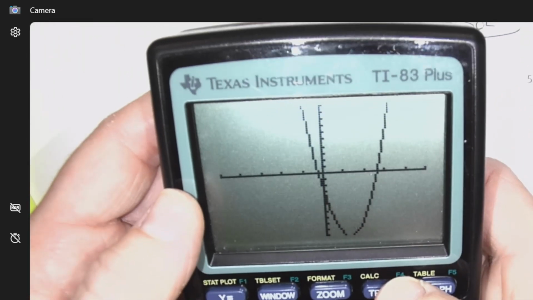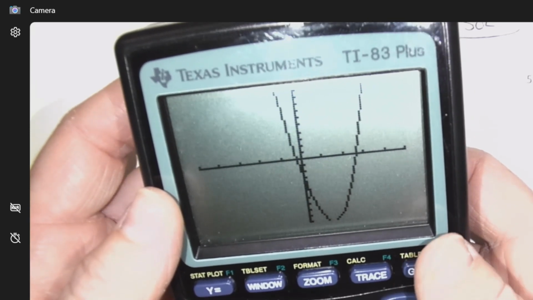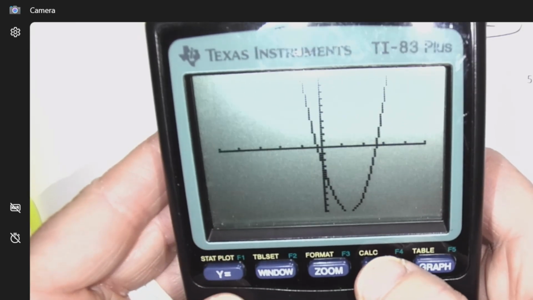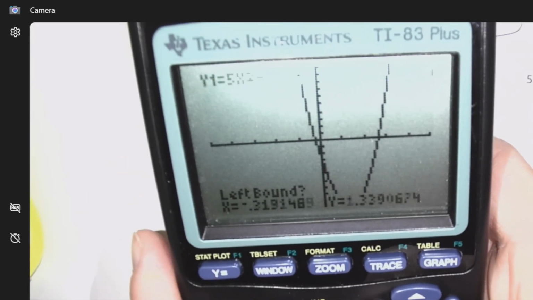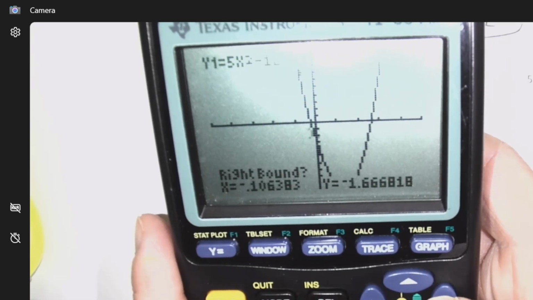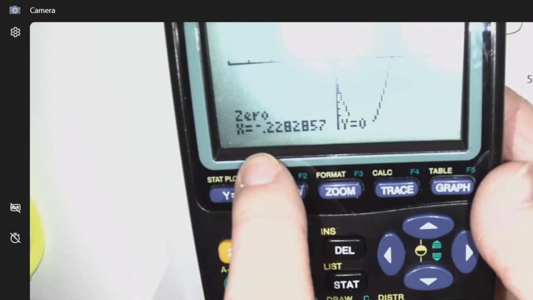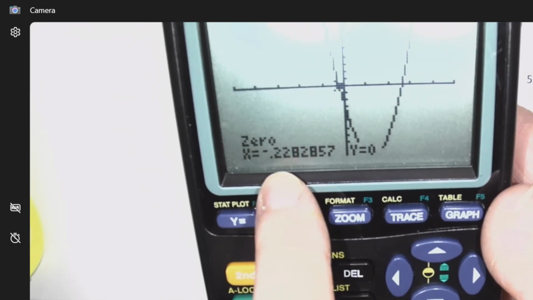Okay, so here's this parabola. I graphed it, I'm cheating. And it has two x-intercepts. So I'm going to calculate, it's called a 0, that's one of the names for it. Did you get negative 0.23 as one of your answers?